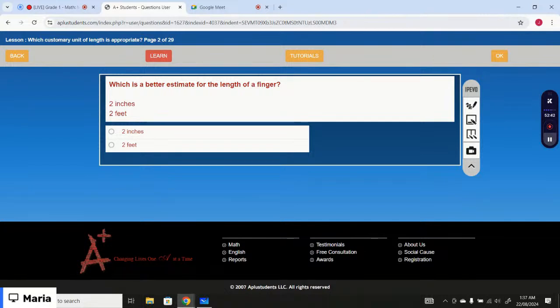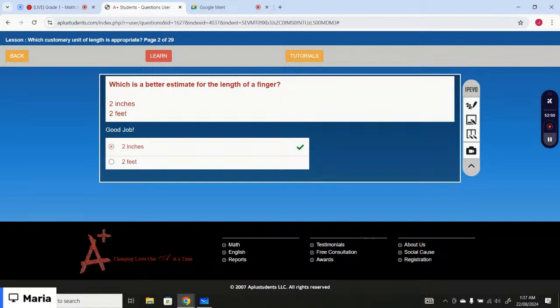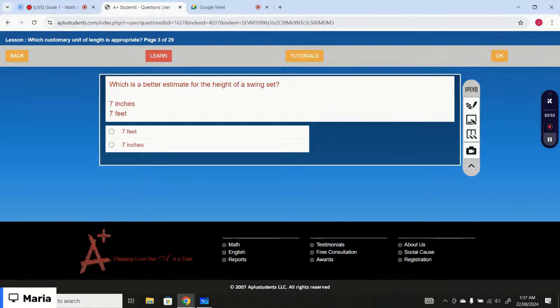The correct option is the length of a finger, right? That must be 2 inches. 2 feet is too long for the length of the finger.